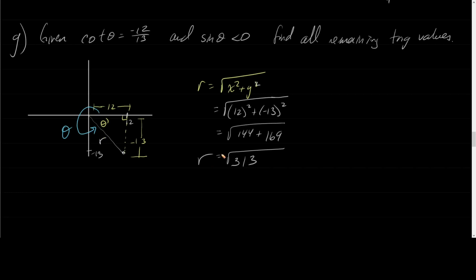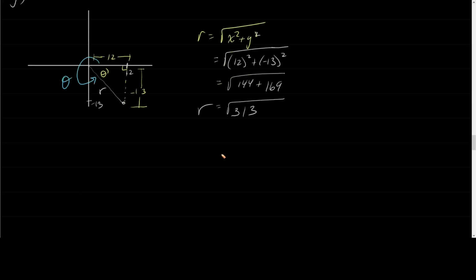Now we can figure out the 6 trig function values for this. So we have sine theta, and remember, it's the same thing as just working off of its reference angle. It's opposite over hypotenuse, so negative 13 over the square root of 313, which is going to be negative 13 radical 313 over 313.